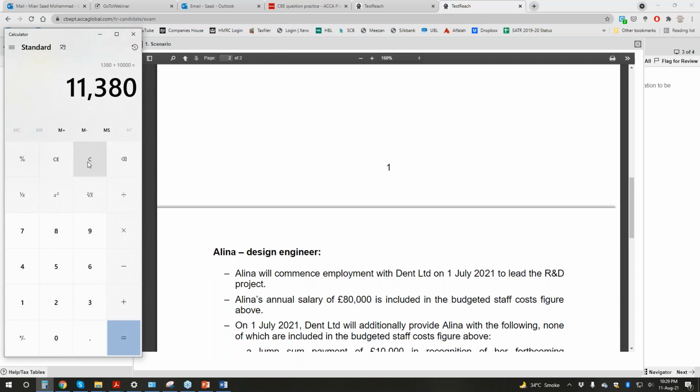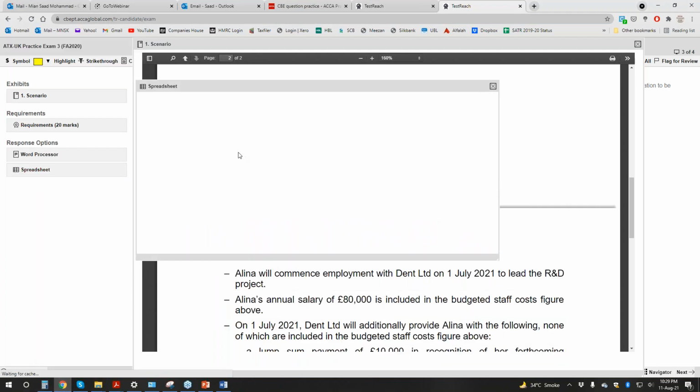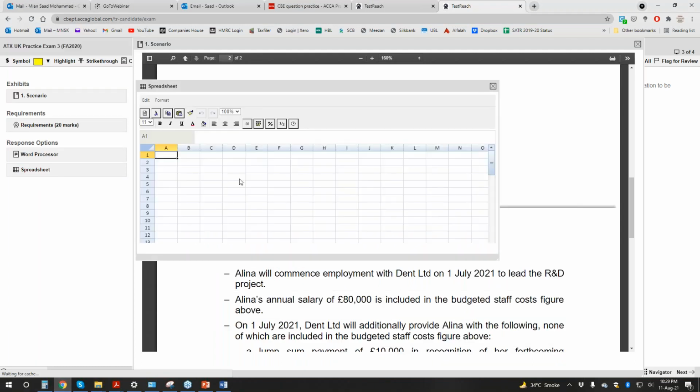So 11,380 is the total of NI and payment being paid by the company as a lump sum to Alina, and we have calculated the benefit as well. So what I'll do is solve it on a spreadsheet so that it consolidates all of the things we are discussing. We'll start with the lump sum payment first because it's easy to solve.